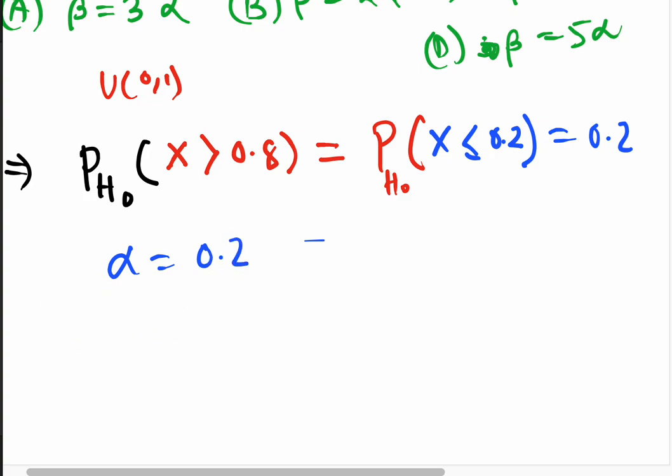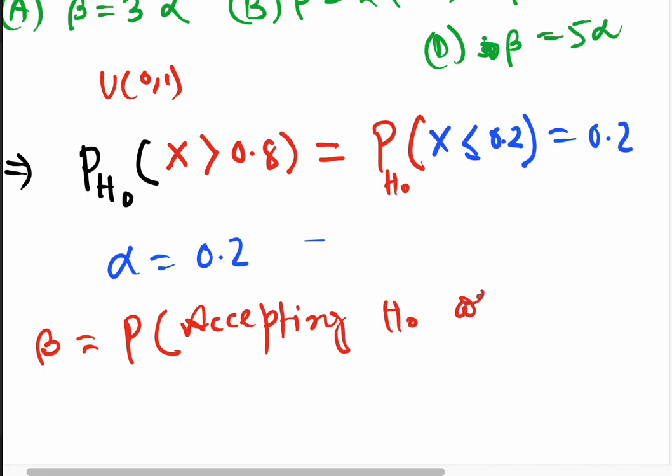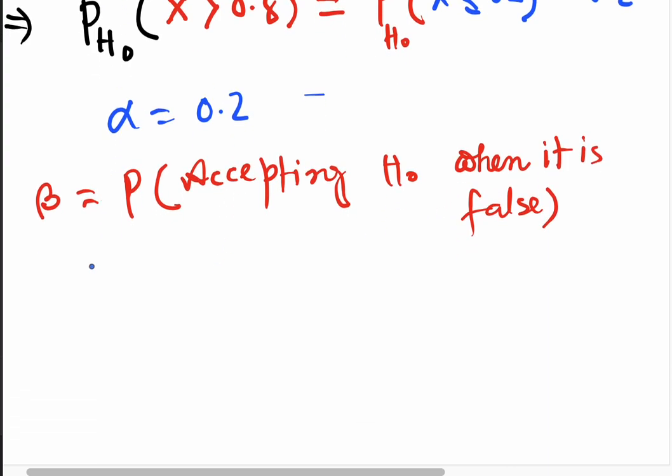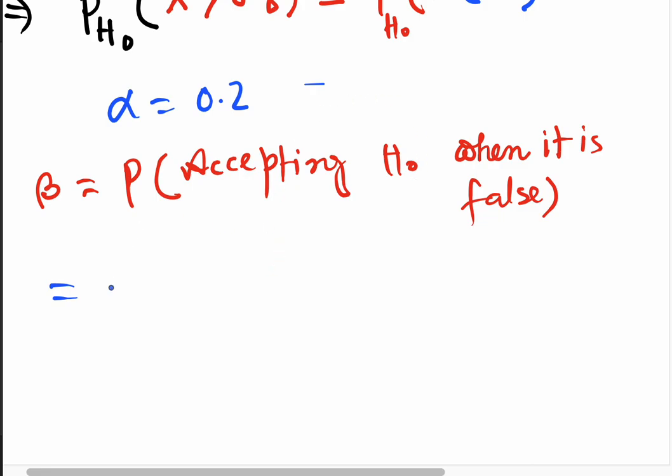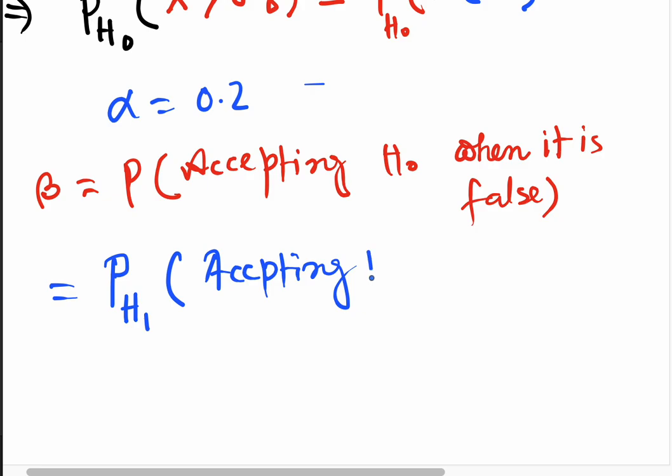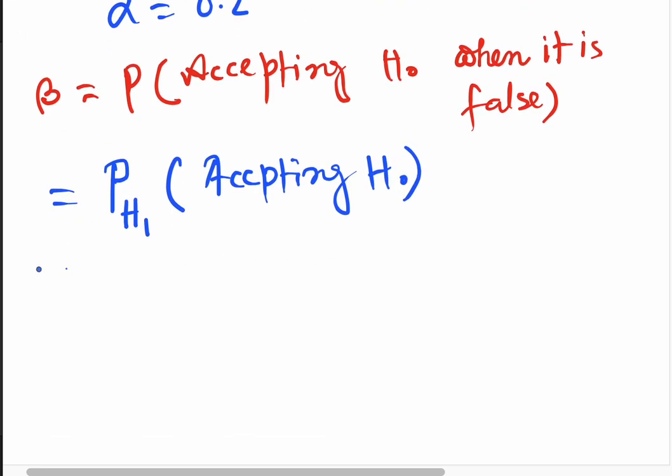Now find beta. What is the meaning of beta here? Beta means the type 2 error, that is probability of accepting H0 when it is false. That is false means the alternative hypothesis is true. So under the alternative hypothesis, what is the probability of accepting H0?